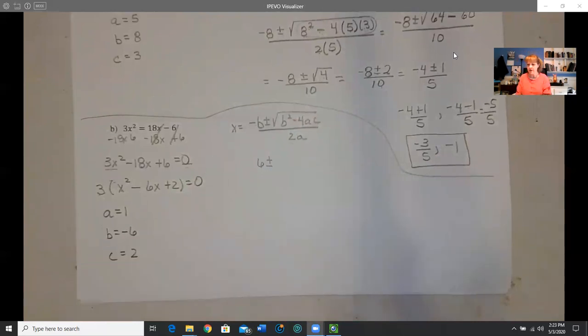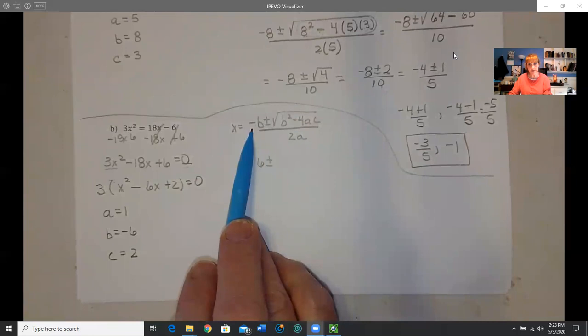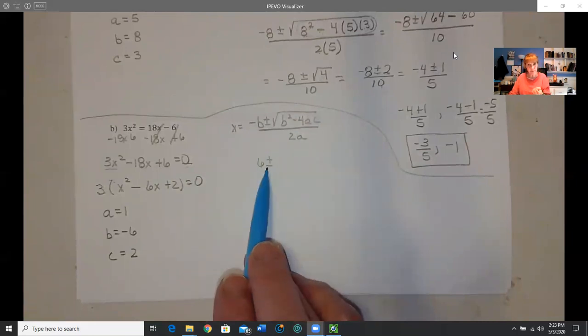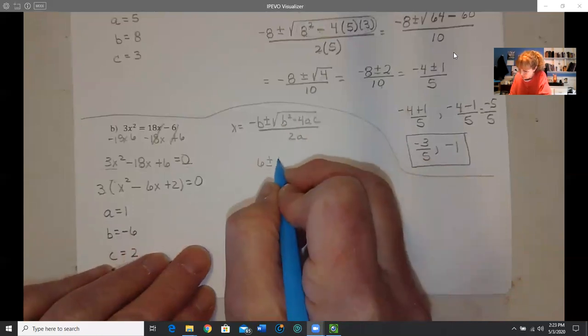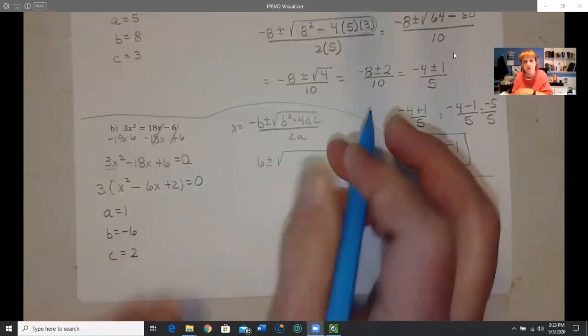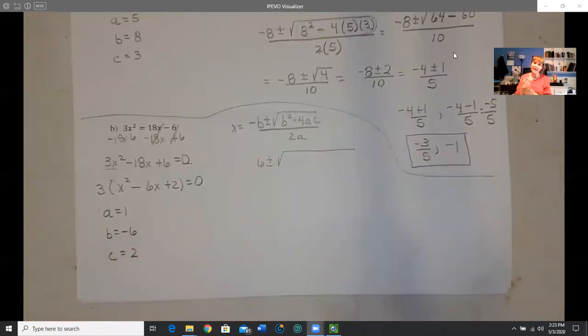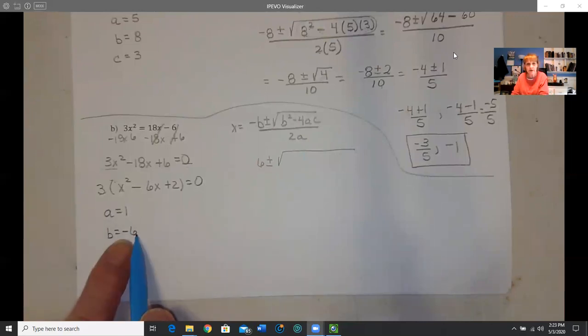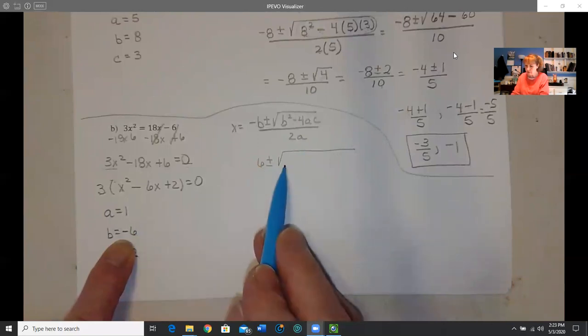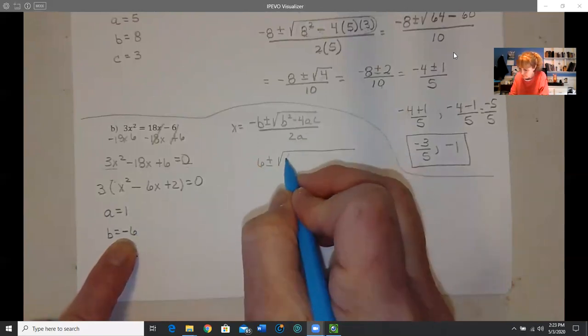Okay, so I start out with a positive 6. Again, don't forget to take the opposite of the b every single time. Then I have my plus or minus, square root. I'm going to square my b. When you square something, even though it's negative, it becomes positive.